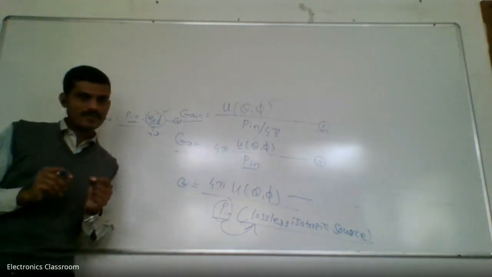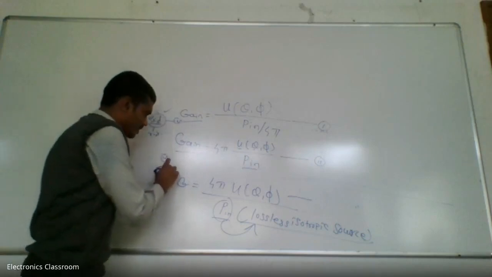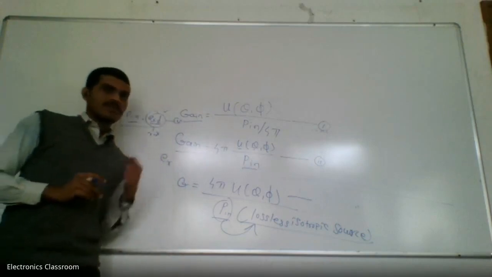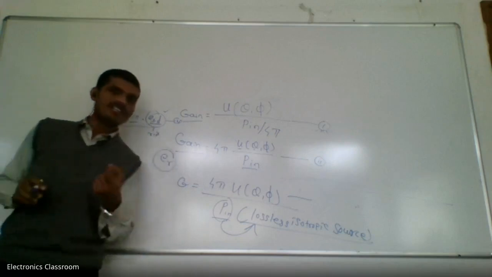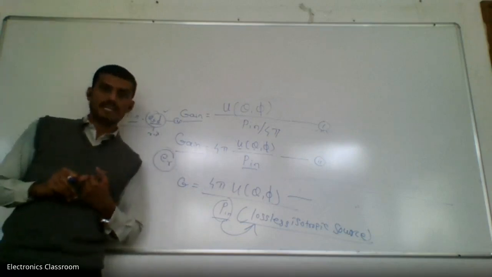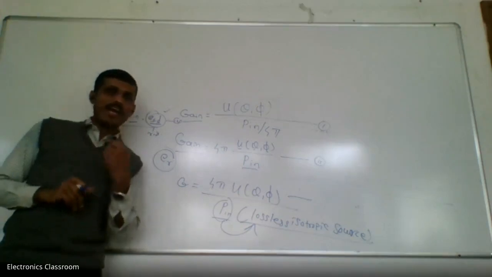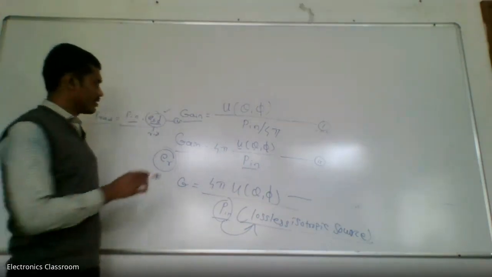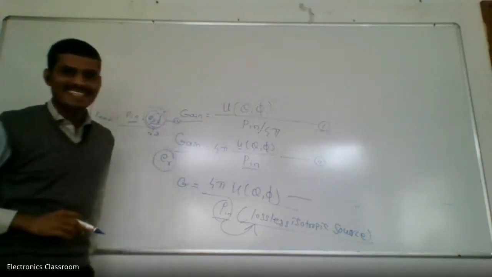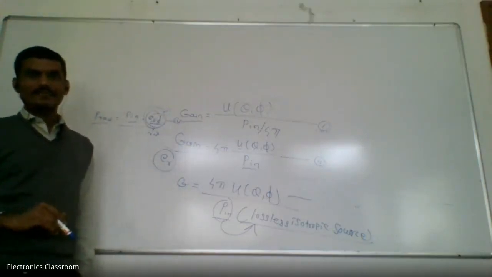Now, what is the impedance mismatch? Impedance mismatch means your reflection losses, which is also called the reflection efficiency of that particular antenna, and polarization mismatch. Polarization mismatch means your polarization losses.